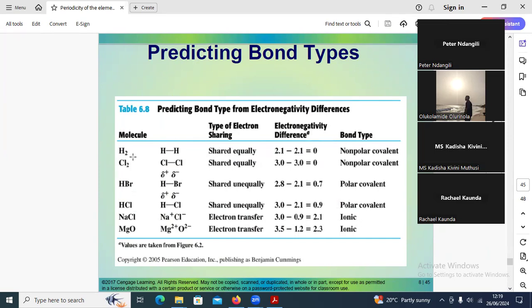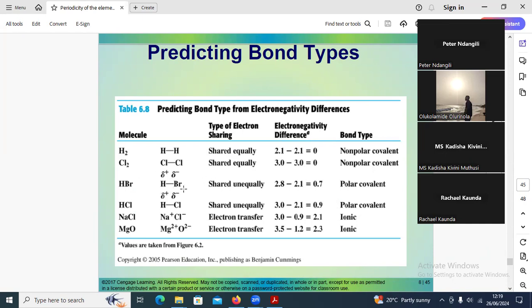Look at chlorine. These electrons are going to be shared equally. And if you look at the difference in the electronegativity, you have 3 minus 3, which is 0. You get a non-polar covalent bond.